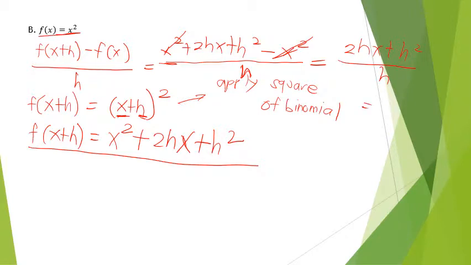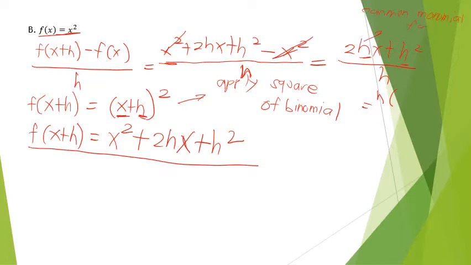Okay, divide. Factor muna natin yung ibabaw. Common monomial factor. H times. Lalabas ko lang yung h kasi may common siya, common variable eh. Apply ito yung common monomial factor para makancel yung h sa ilalim.